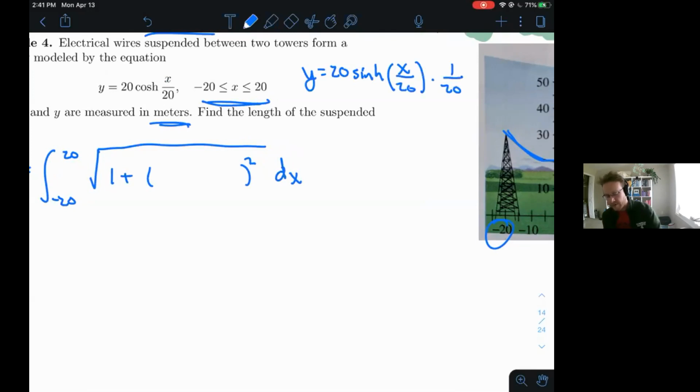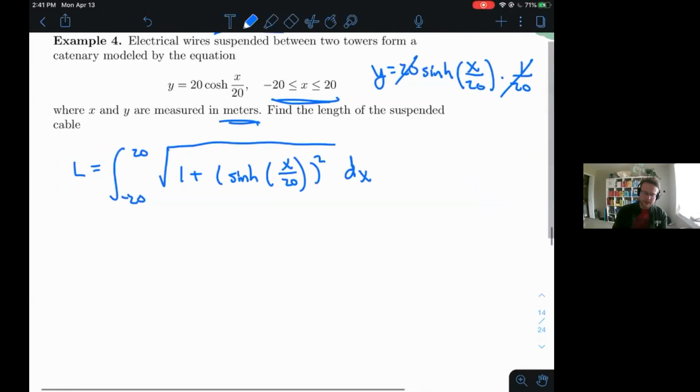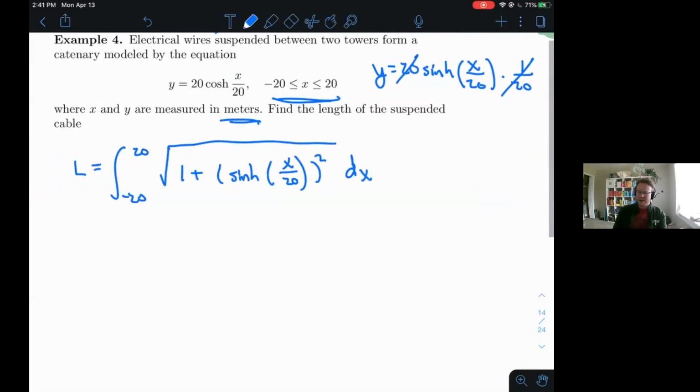The derivative of x over 20 is 1/20th, so there's a little canceling here, and this is hyperbolic sine of x over 20. So we have 1 plus hyperbolic sine squared, and we haven't really done trig sub or anything like this with hyperbolic sines on the inside.